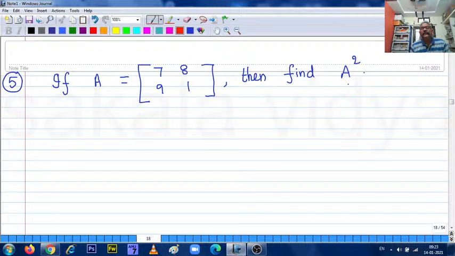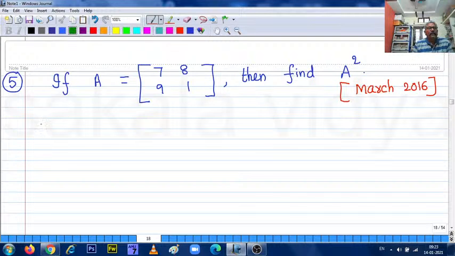This question was given in March 2016. Whenever A is a square matrix, only then can we find A square, A cube and A power 4 like that. A must be a square matrix. This is 2 by 2, so we can find A square.